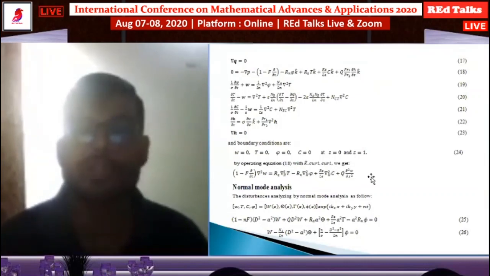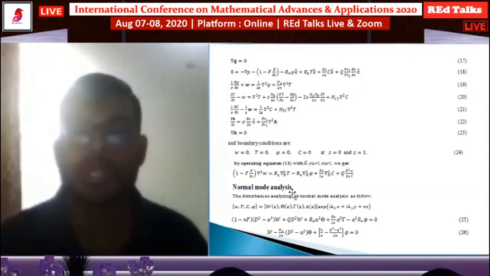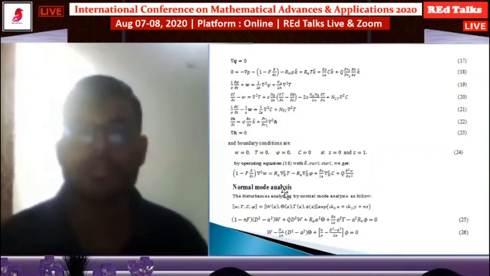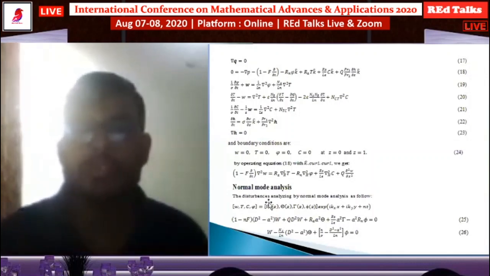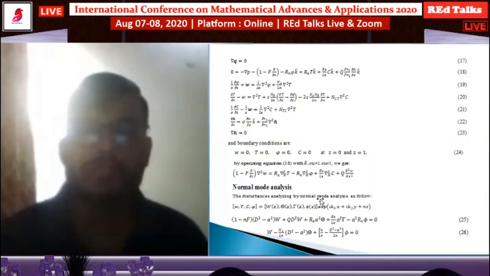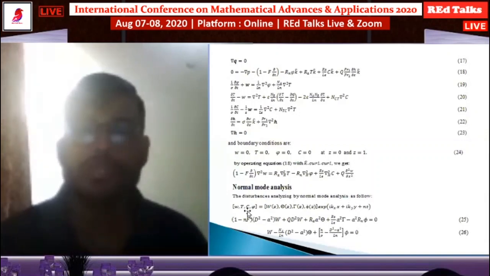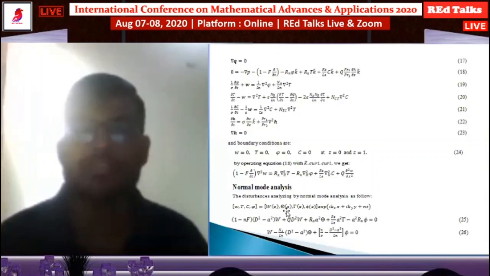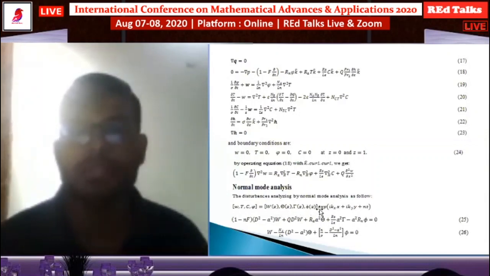Now using normal mode analysis, the disturbance is analyzed as follows: W, T, C, phi is equal to W of z, theta of z, gamma of z, and phi of z, e raised to the power i k_x x plus i k_y y plus n t, where k_x and k_y are wave numbers.